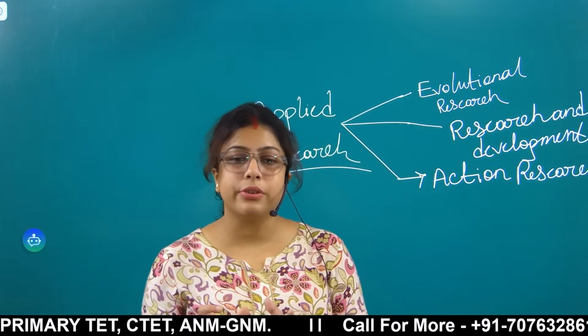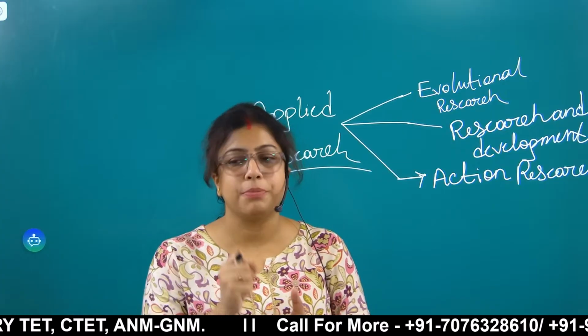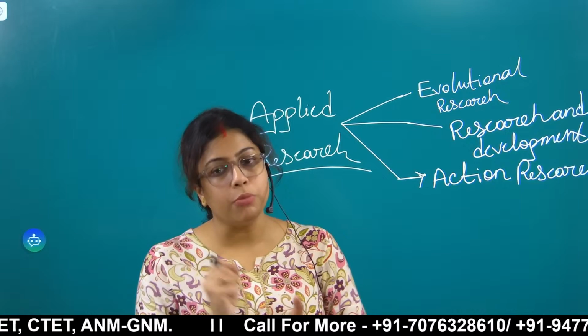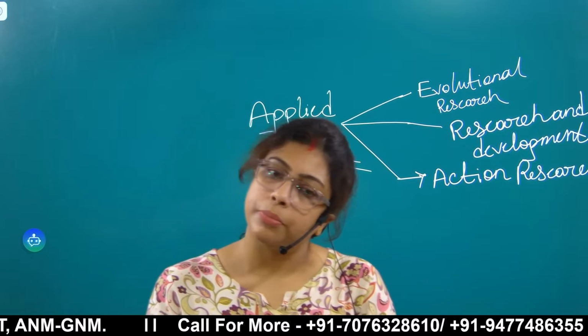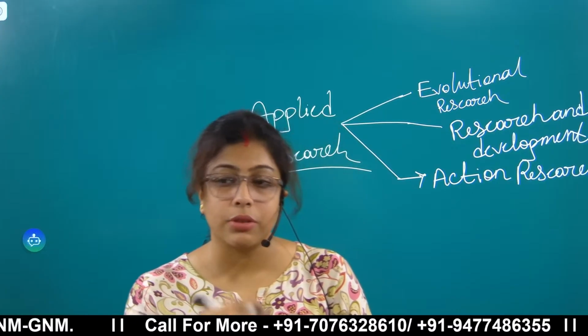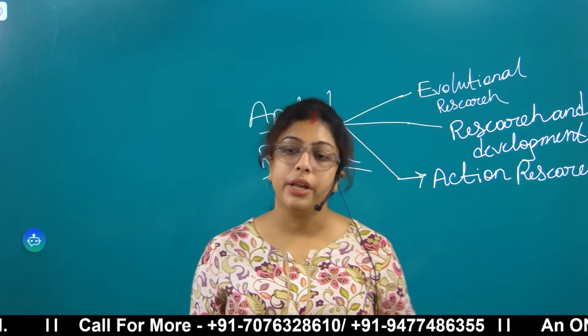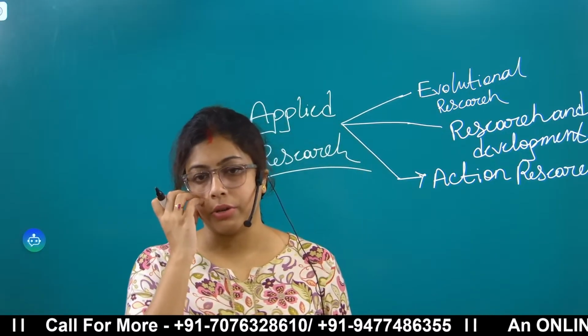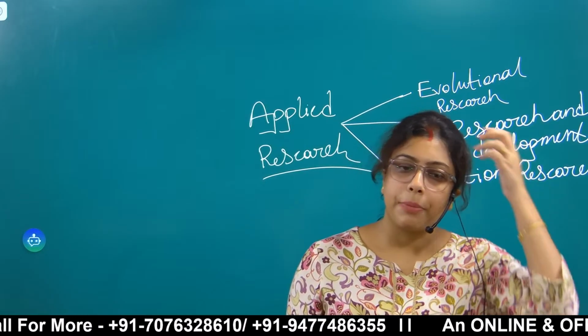So action research gives a practical, immediate solution to a specific problem. This is also mainly followed in business organizations, right? So these three types of research are there in this category called applied research. So descriptive research and applied research, clear? Is there any problem?